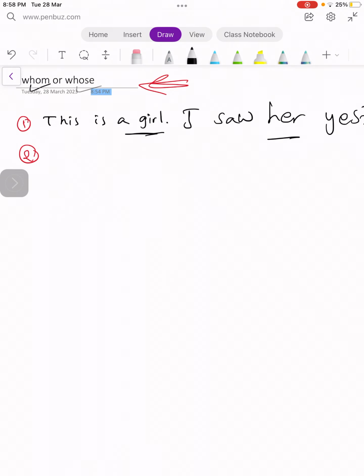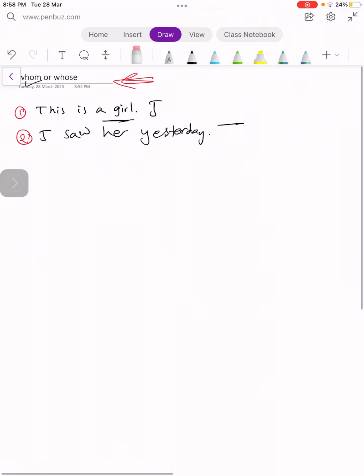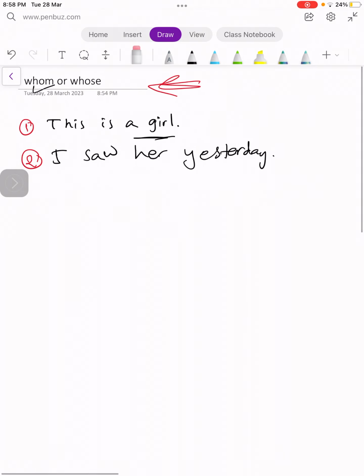We'll see which one I'm going to use, either whom or whose. So okay, so the sentence should be here. I saw her yesterday, and I'm going to delete this one from here. Okay, so I'm going to use either whom or whose to make these two sentences one sentence. We'll see how in a second.